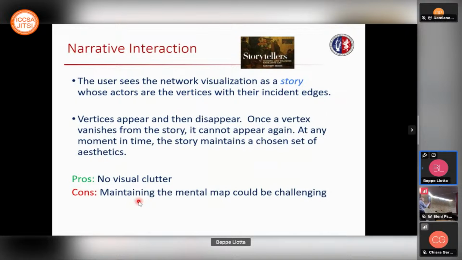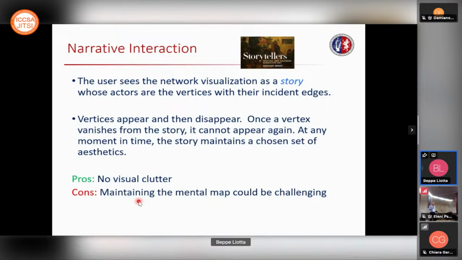Suppose that you have a very large network and you want to interact with it, but if you look at it all together, it's too complex. And if you do some incremental exploration, after a while your screen is full of edges and nodes, and you do not know where to go.